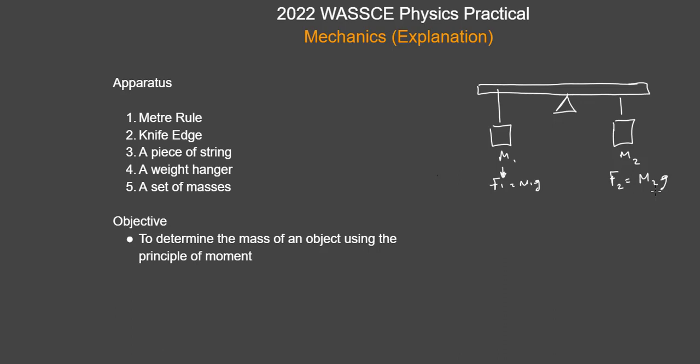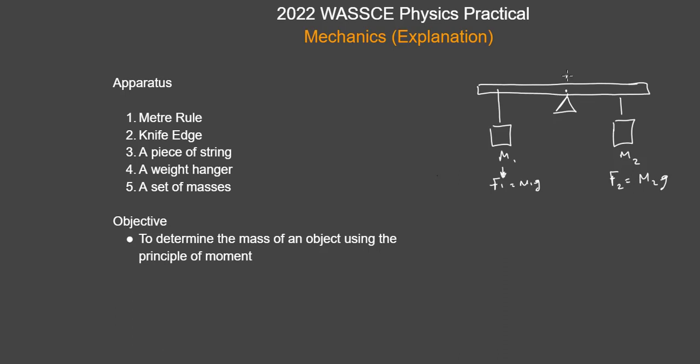Let me first talk about what a moment is. Then we'll talk about clockwise and anti-clockwise. Moment is simply the product of the force times the distance to the pivot point. This is the pivot point. That's the point where we have the knife edge.